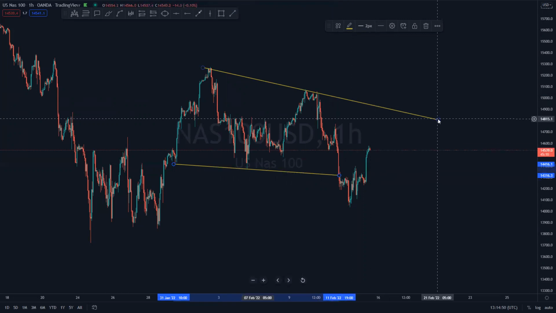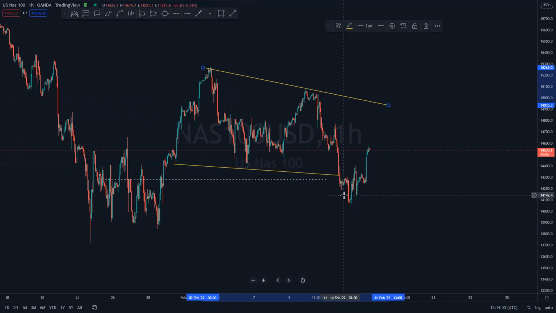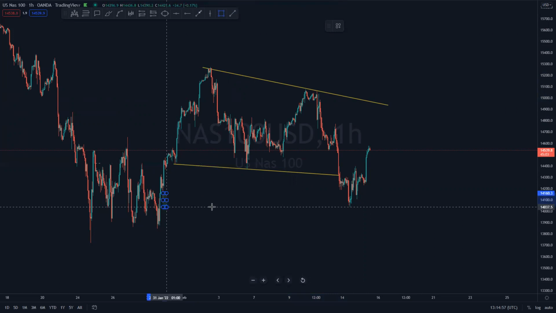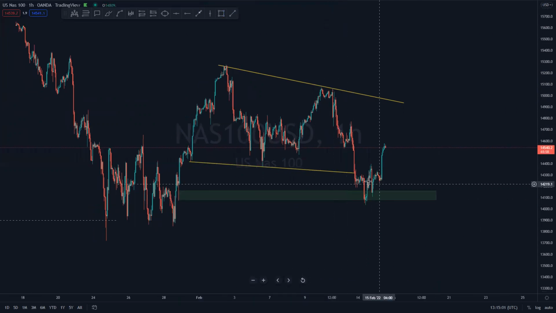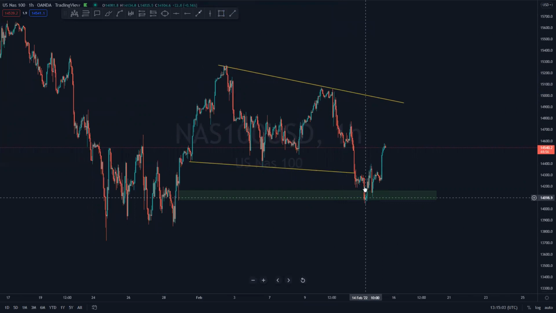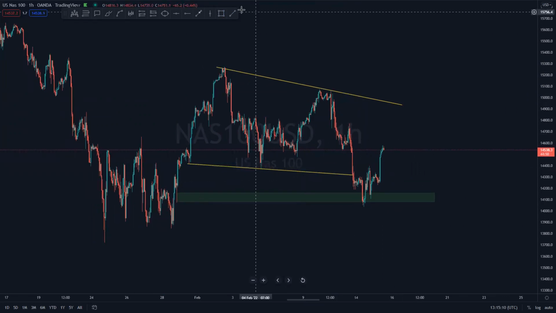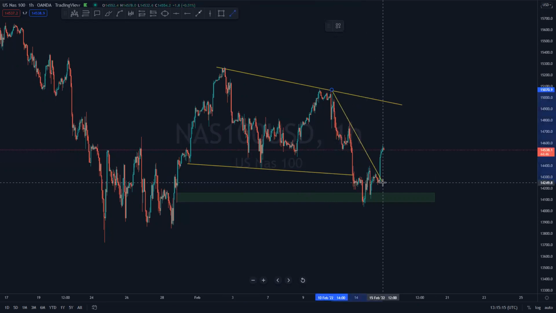But the price just decided to break it and come to this order block here, to respect this order block. So the market maker came to collect this order block, and after that they're going to shoot to the upside. So what I'm looking at here is that we have a trend inside the trend.